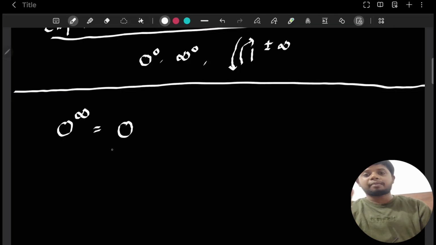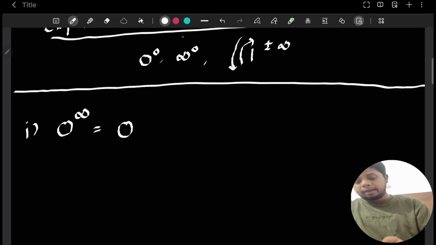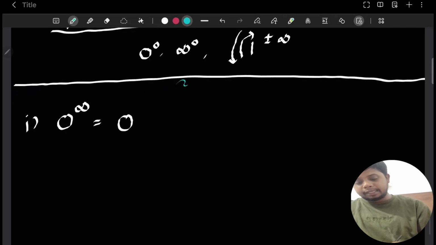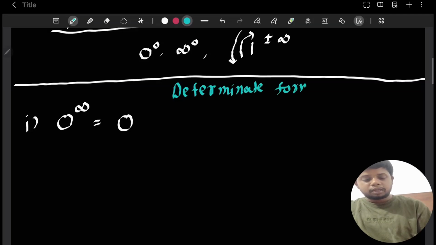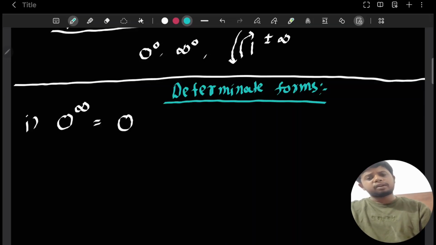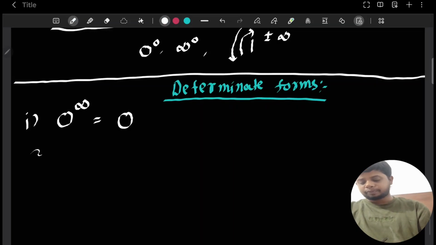This can be determined. So I'll make one heading as determinate forms. So 0 power infinity, what is that? 0 only, correct? You'll say yes.